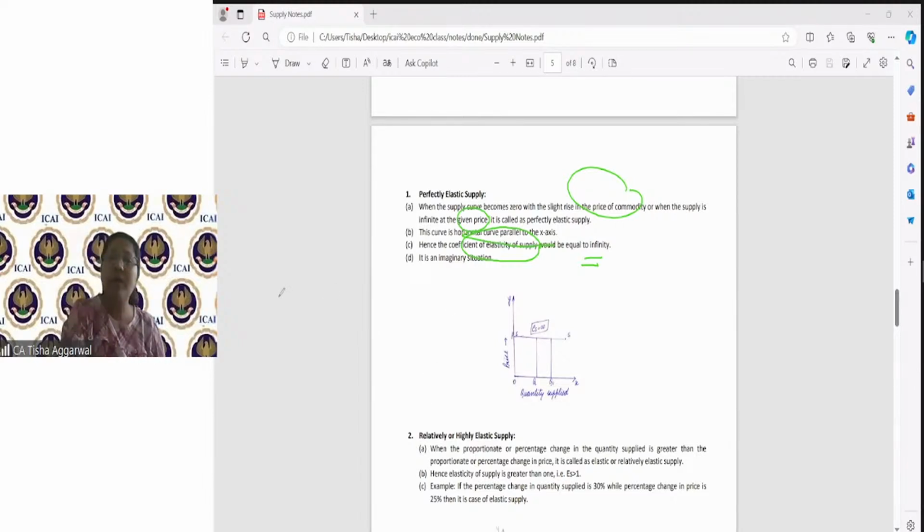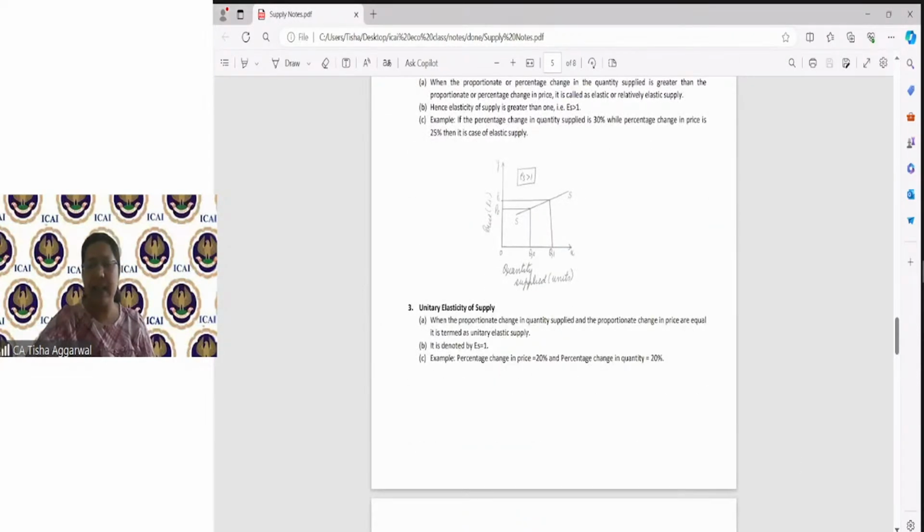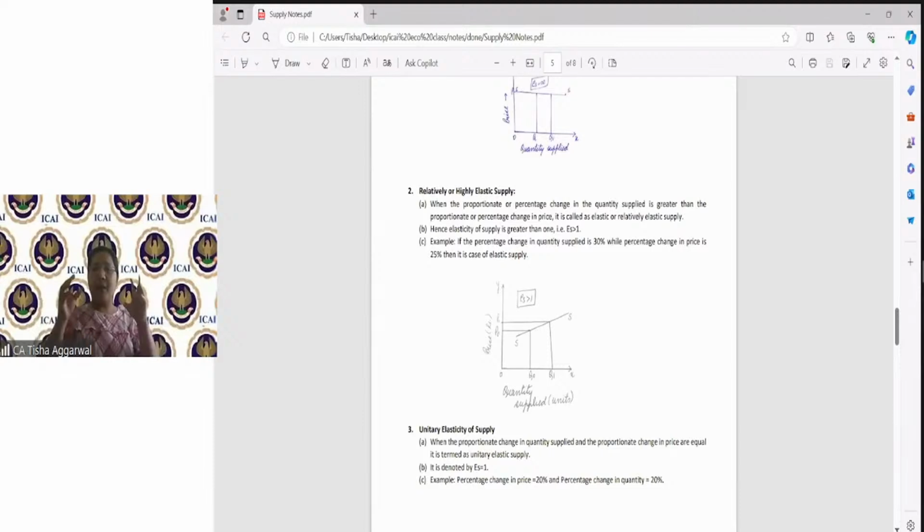But let's talk about something which is practically possible, and that is the relatively highly elastic supply. What is relatively highly elastic supply? It is, for example, where the percentage change in quantity is 30% with a percentage change in price of only 25%.